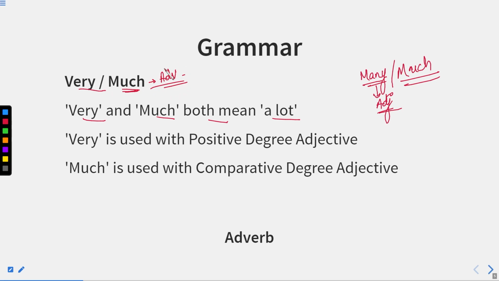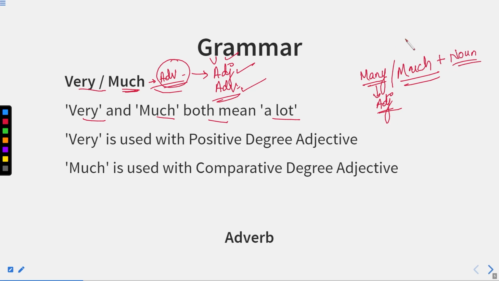So we are going to discuss the adverb. Now we know very well that an adverb is a word which describes an adjective, a verb, and another adverb as well. So much can describe a verb, an adjective, an adverb, and much is a word which can describe a noun as well.